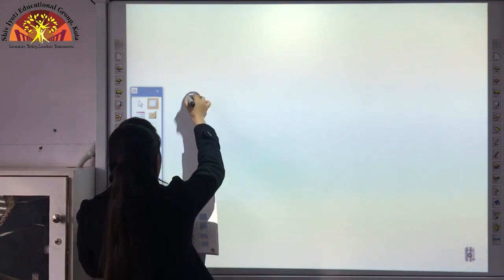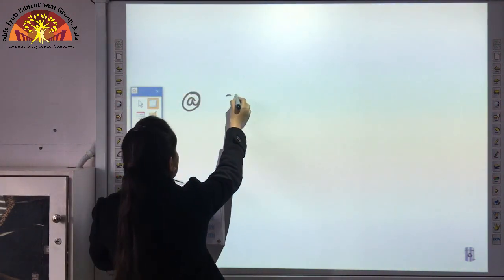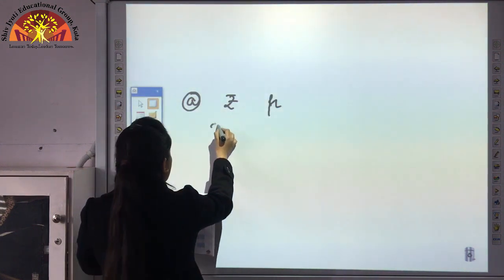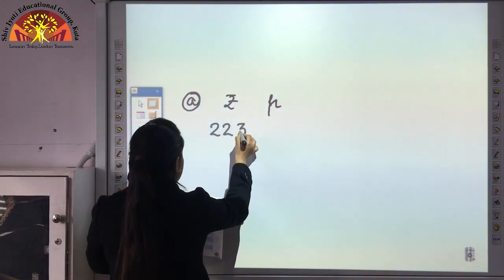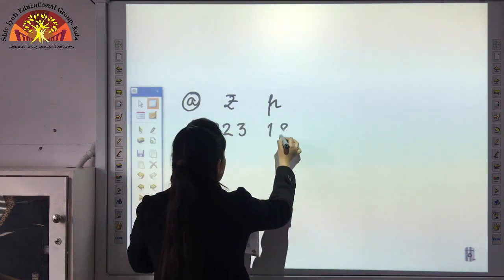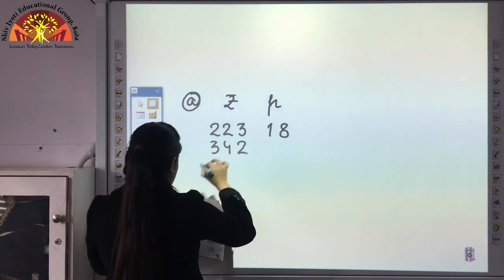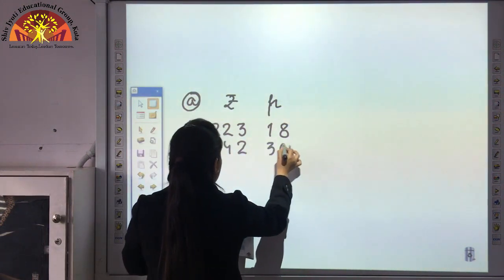A part of question 1, rupees and paise. In rupees we have 223 and 18 paise, and 342 in rupees, and in paise we have 30.